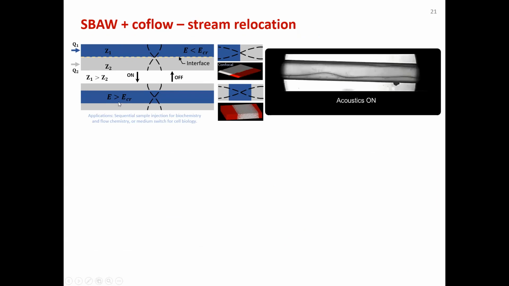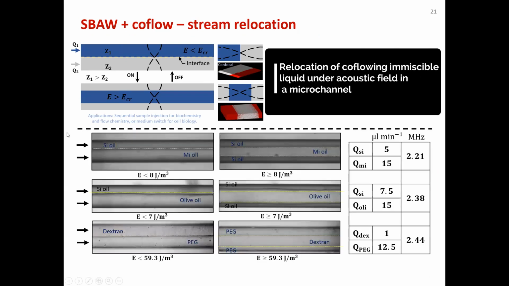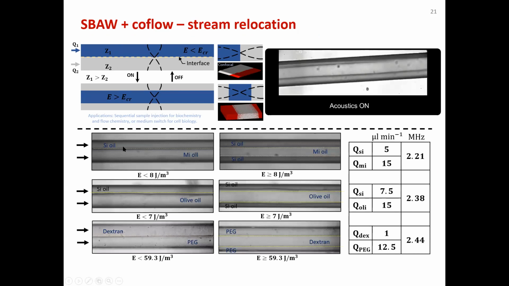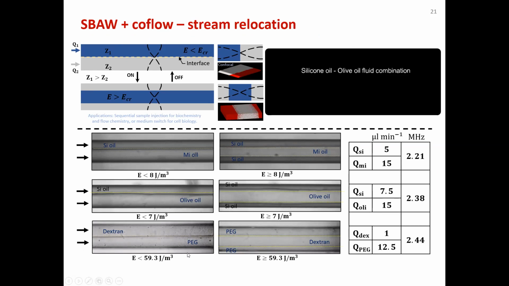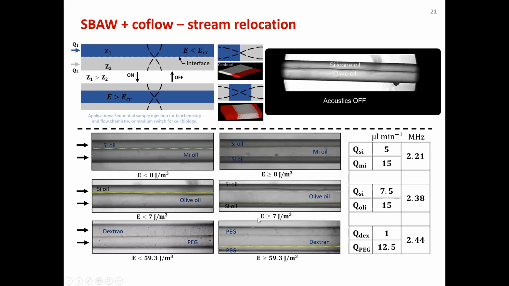It happens only above a certain critical energy, and that was what was observed in our initial experiment. This was verified through different combinations of fluids: silicone oil, mineral oil, olive oil, dextran and PEG, and so on. In all cases, this relocation of the high impedance fluid to the center happens above a critical energy.